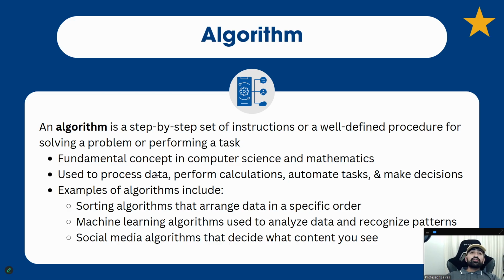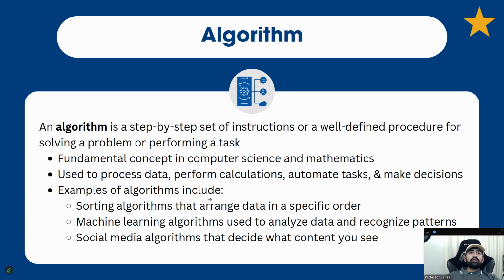Algorithms are used to process data, perform calculations, automate tasks, and even make decisions. So that's when we're talking about those YouTube, Instagram algorithms. Those are typically algorithms that follow a certain predefined set of rules. A programmer decided what rules it should follow. And then ultimately that program, that software will make a decision. That algorithm will have some kind of output.